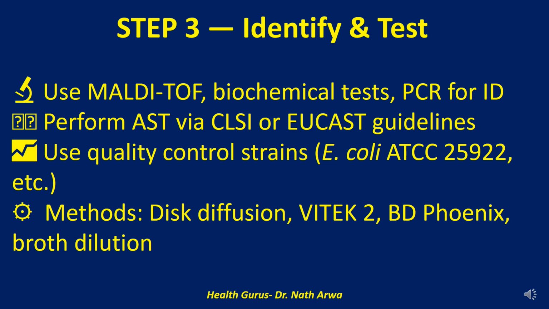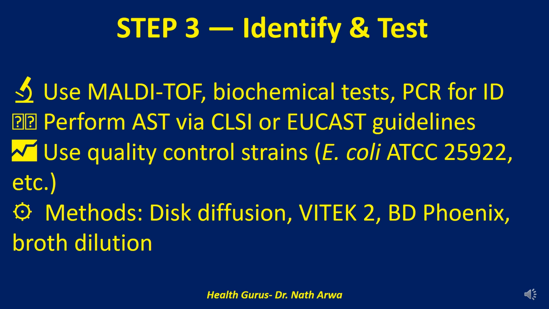Now that you've collected your clinical isolates, it's time to move to step 3, identify and test. This is where science meets precision, and accuracy is absolutely everything. First, you need to accurately identify the organism. This is the who of the antibiogram, and we can't fight resistance if we don't know the bug.